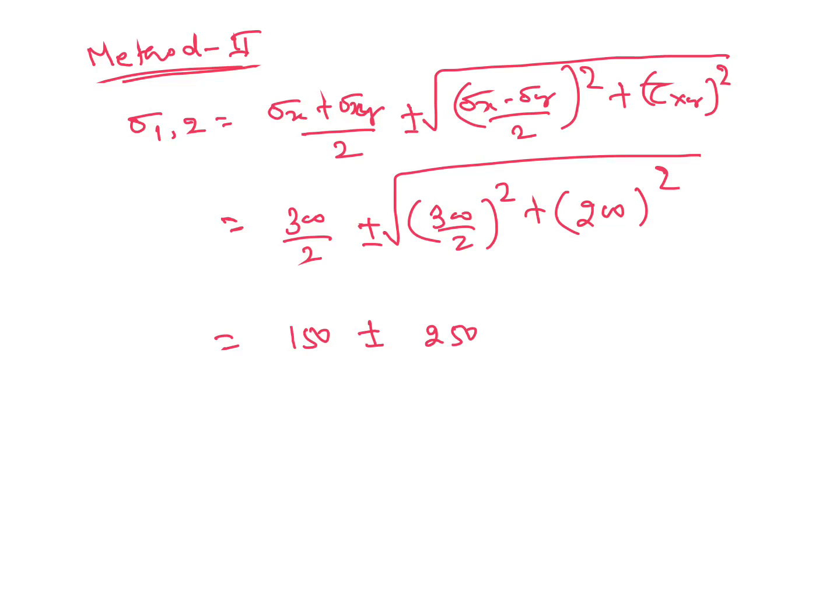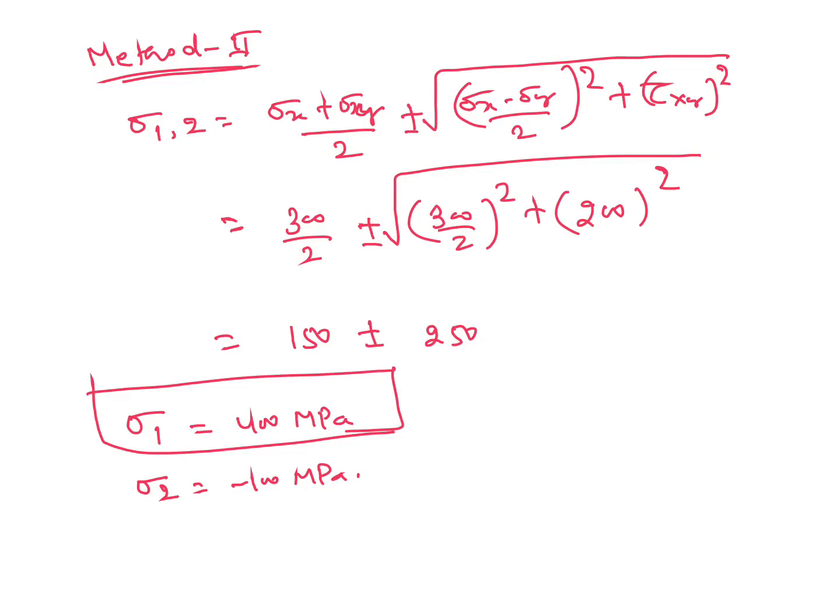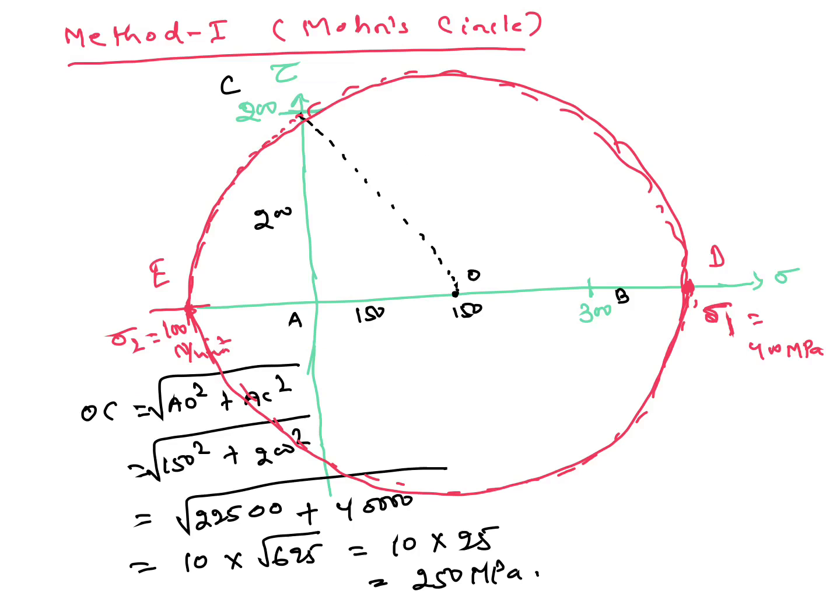So sigma 1 we have to calculate, 150 plus 250, it's 400 MPa. Sigma 2 not required, you will get minus 100 MPa. So this is the answer. Same answer we will get. Whichever is convenient to you, you use that formula. Same D answer we will get.